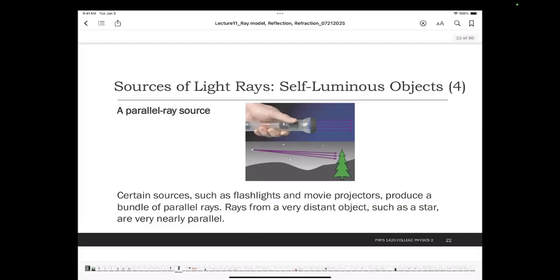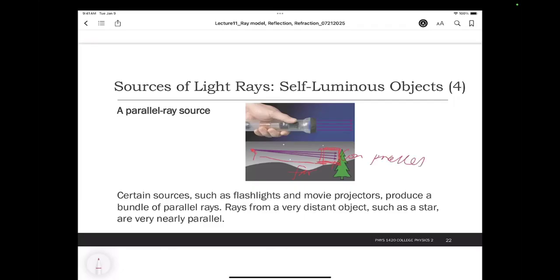This star emits rays, but because the distance is very far, if you just look at this part of the rays, you can consider them parallel.